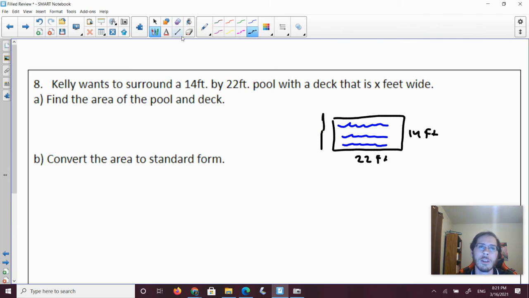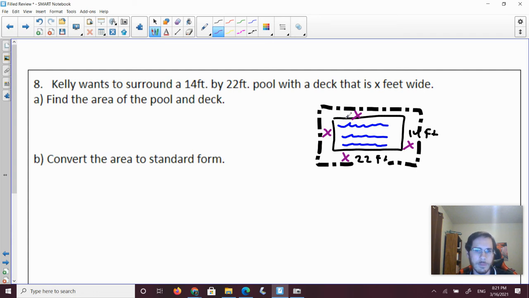Well, let's use this for the deck. So there's our deck, and it's going to be x feet wide. So we're going to have x on that side, x on that side, x on that side, and x on this side. So what we want to do is find the area of the pool and the deck.